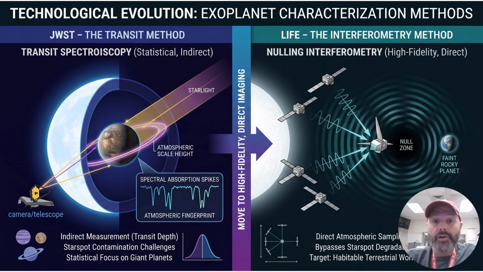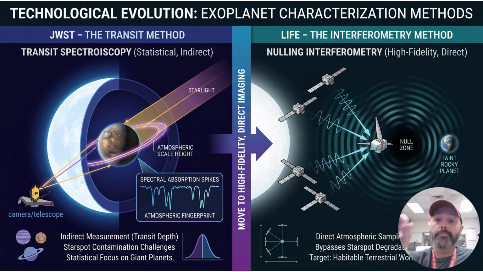So looking ahead, we're moving from the James Webb Space Telescope era of discovery to a future of direct characterization. The LIFE mission, using a nulling interferometer, will allow us to suppress the light of the host star directly, bypassing the lucky alignment requirements of transits to sample rocky atmospheres.